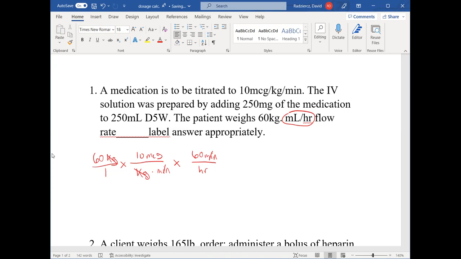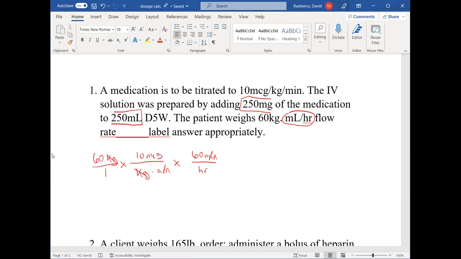micrograms. So the next thing it tells you you're available is the 250 milligrams in 250 milliliters. Okay. So I need those two pieces of information in order to convert milligrams or micrograms to milliliters. But the problem is I have micrograms listed in my order and I have milligrams listed in my available.